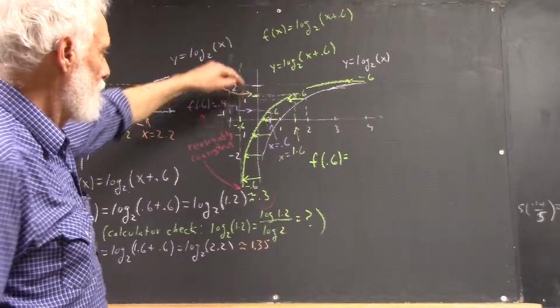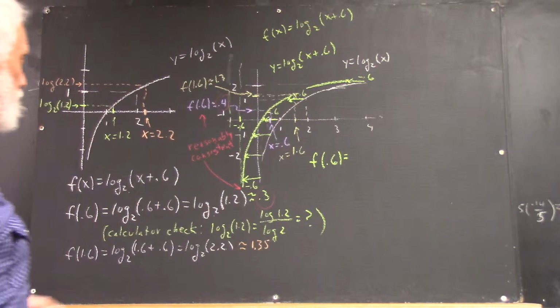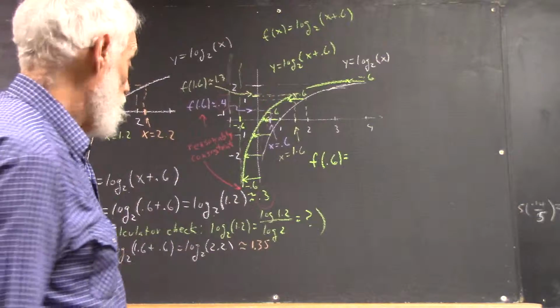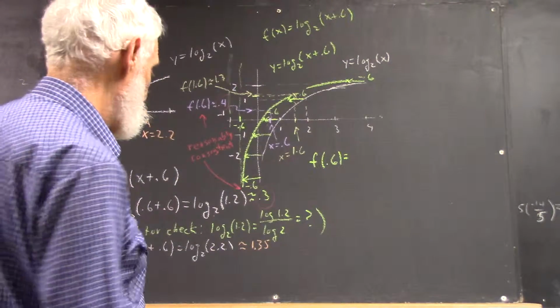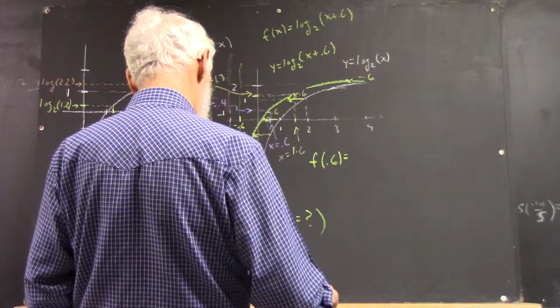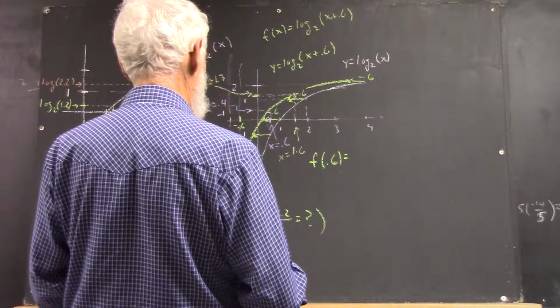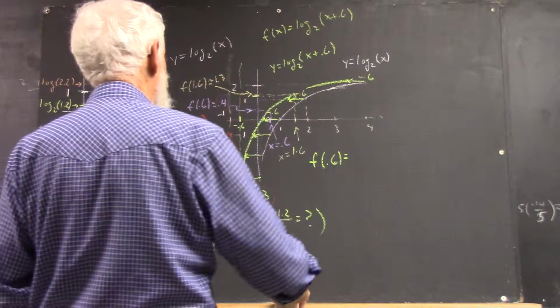And there it is. The arrow didn't quite go to the right point. And what did I get down here? I got 1.35, right? Now, that's not too bad, okay? That's pretty close. So I'm going to say that this and this are pretty close.